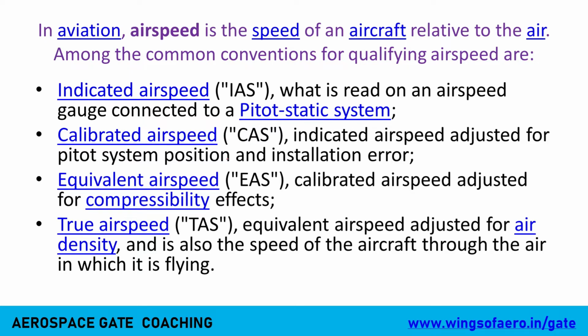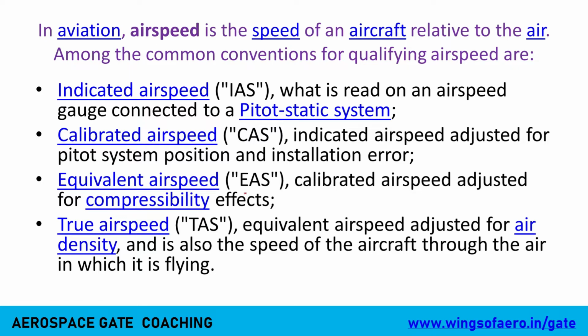Now what will calibrated airspeed do? The indicated airspeed adjusts for the pitot-static position and installation error. So if there is some instrumentation error, it will cut down the error and show the correct value.